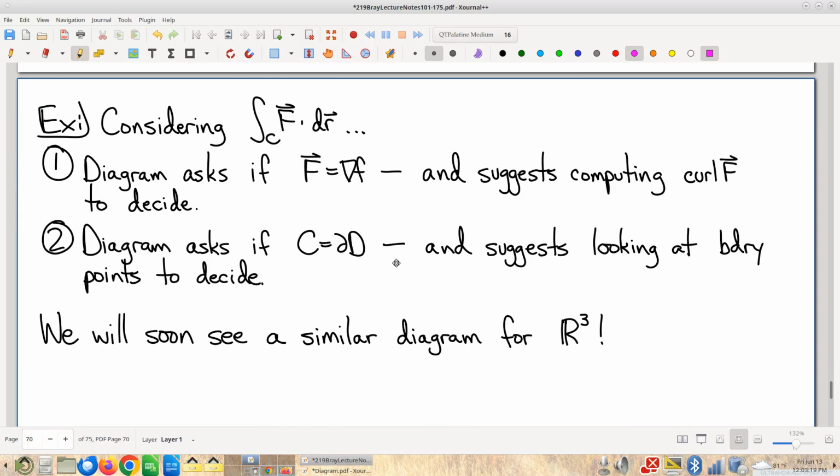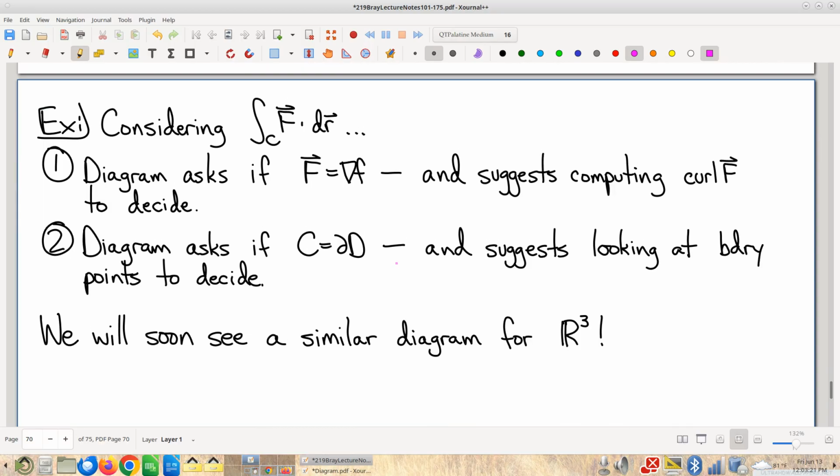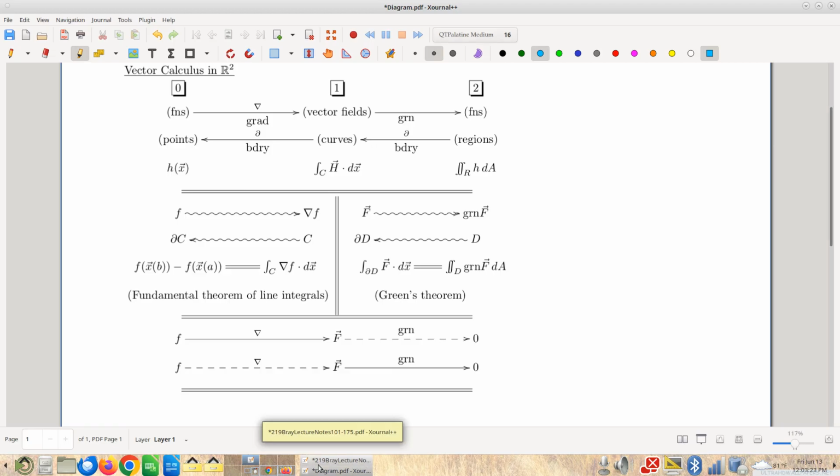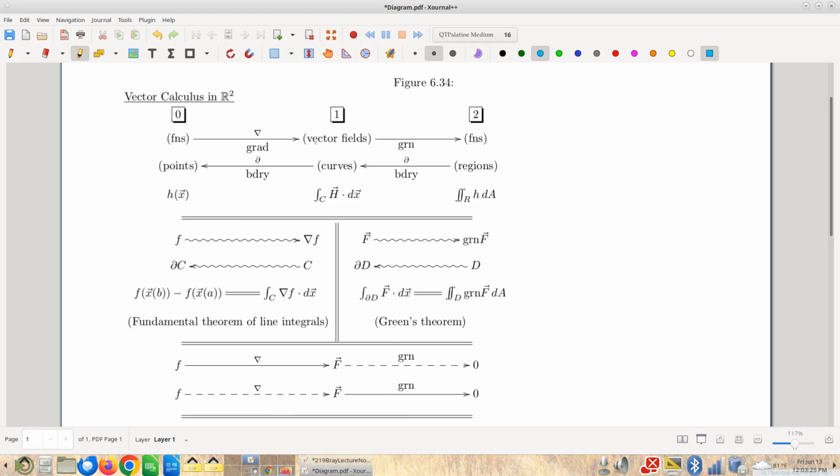Oh, yeah, and there are some really good computational hints that come out of it as well. So if you're looking at a line integral and you're trying to decide, well, hey, wait a minute, can I use the fundamental theorem of line integrals to compute this line integral? Reasonable question.